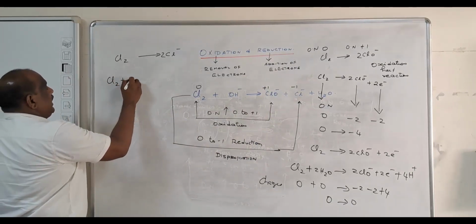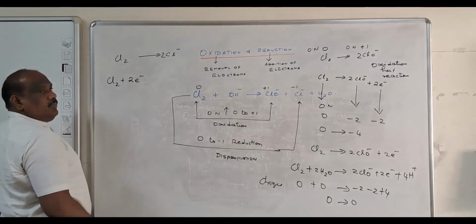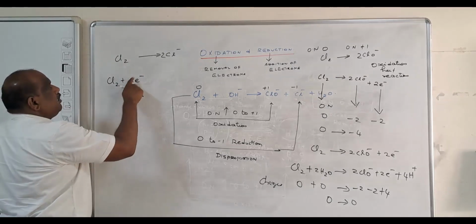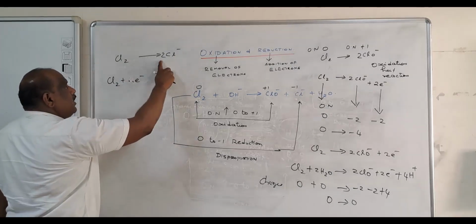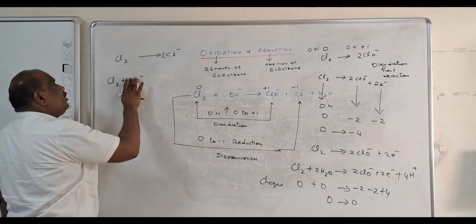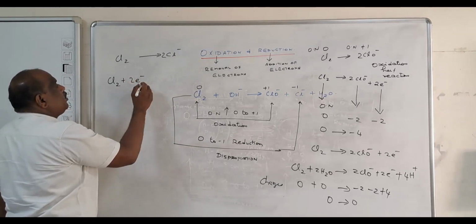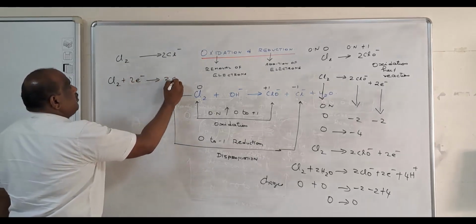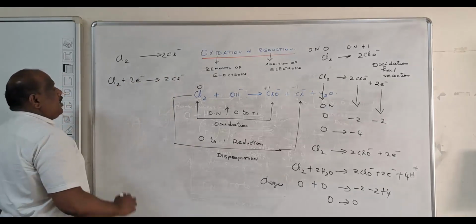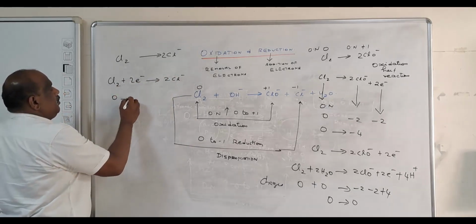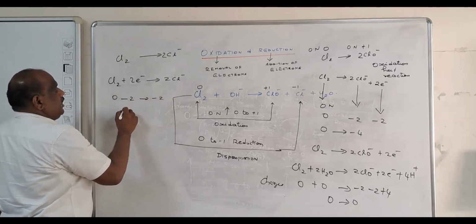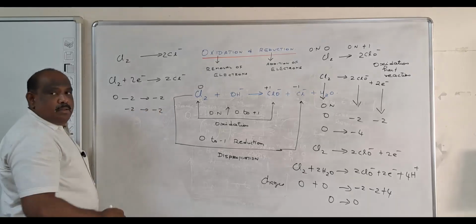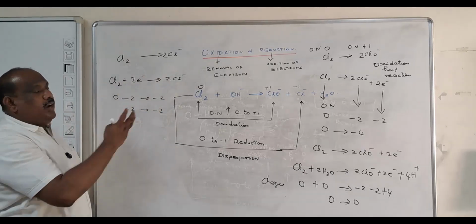If I am going to add the electrons, how many electrons do I have to add? 1 chlorine atom has 1 minus, and there are 2 chlorine atoms, so I have to add 2 electrons. By adding 2 electrons, this will become 2 Cl minus. What about the charges? It is minus 2 on the left, and here also minus 2. The charges also get balanced because there is no oxygen atom and no hydrogen atom.